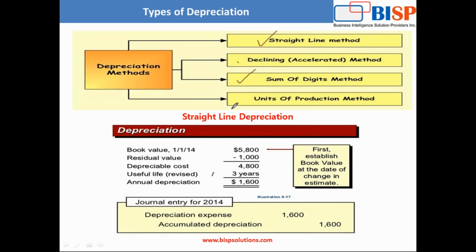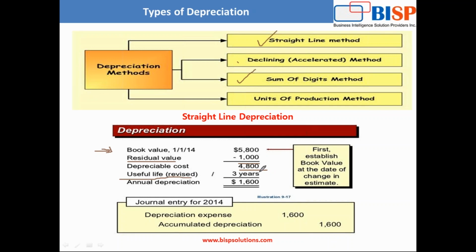Year over year, you subtract the depreciated value from your asset until you reach the salvage value or residual value. Assume this number 5,800 is recorded in your book, maybe some machinery, and the residual value or salvage value of the product is 1,000. So the remaining depreciable cost is 4,800, and it is assumed the useful life of this is 3 years.